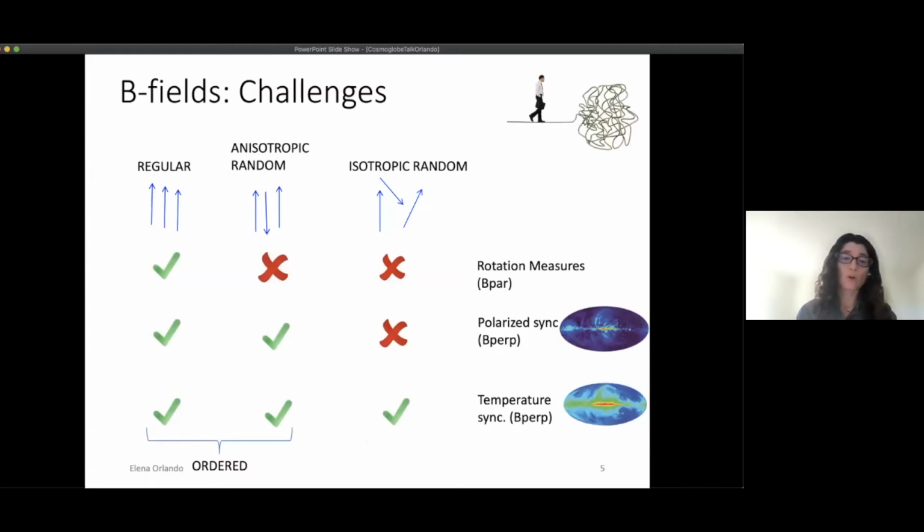The anisotropic component is traced by polarized synchrotron and also synchrotron temperature, while the isotropic random, also called turbulent component, is traced by the synchrotron temperature only. And actually, synchrotron traces the perpendicular part of the magnetic field along the line of sight. And as a consequence of this picture, our present knowledge of the magnetic field is very limited.